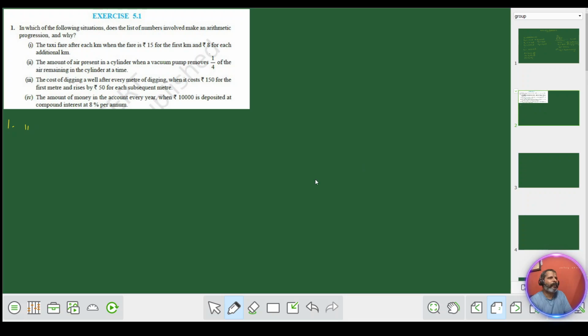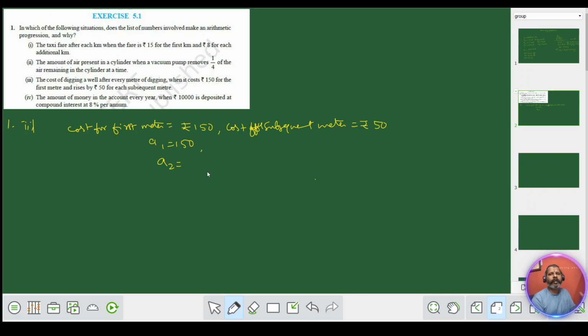Just check out the cost of digging a well: it costs 150 rupees for the first meter, and after that every other meter is subsequently 50 rupees more. So the cost for the first meter is rupees 150, that is A1 equals 150. The cost for each subsequent meter is 50 rupees more, so A2 becomes the first meter plus 50 rupees, which gives 200 rupees.